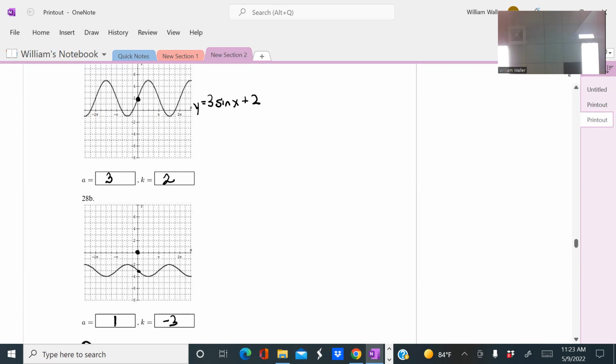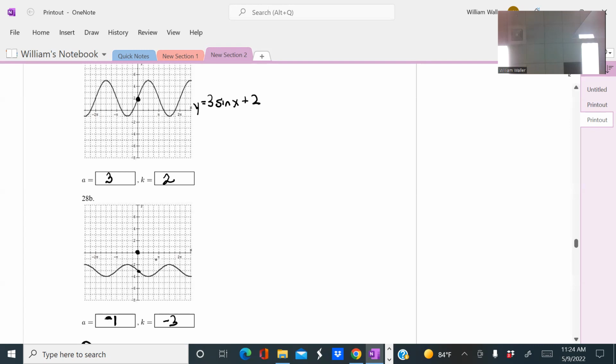So it looks like the amplitude is still just 1. Doesn't look like we've really changed the height of that sine curve, but something is different because normally the sine curve starts by going which direction? Up. But this one is going what? Down. So that means we flipped it, right? So this is -1. So the a value here is -1. We've reversed the direction of the sine curve.